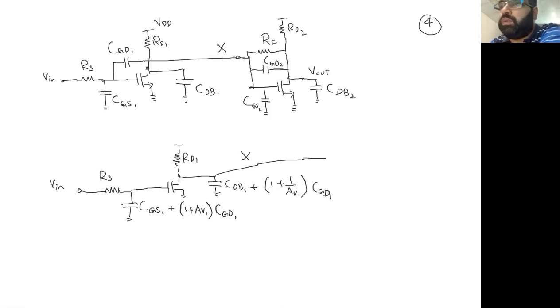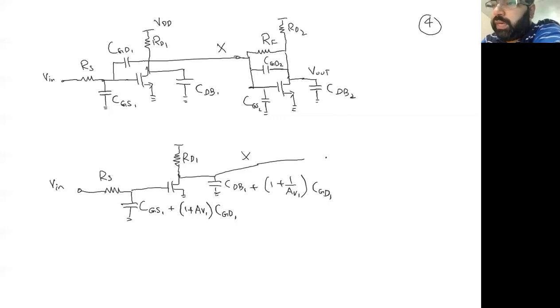So this node will be feeding to the RF node, but this RF will also now be considered as an R internal. So we need to see how we can do this R internal before proceeding, and what the capacitance is.